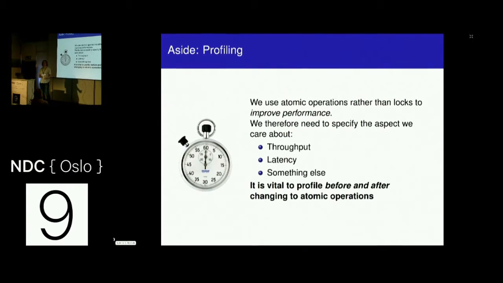So you need to decide what your measure is, and then measure it with the simple, reliable, easier-to-use mechanism of using locks and so forth. Then implement your hopeful optimization using atomics, and then profile again and check that you have actually improved the thing you're trying to do.